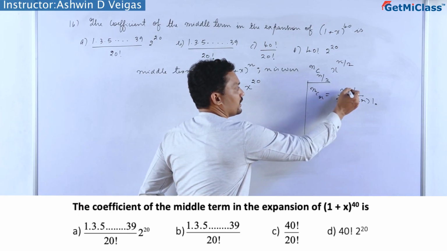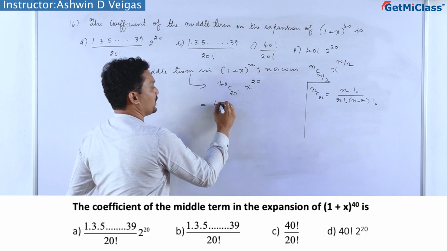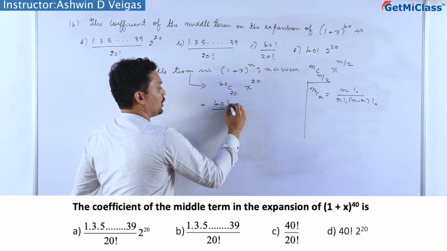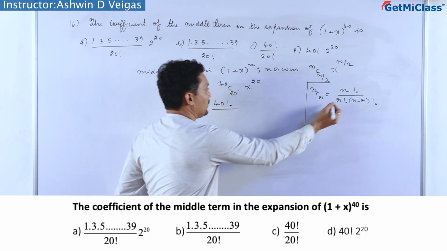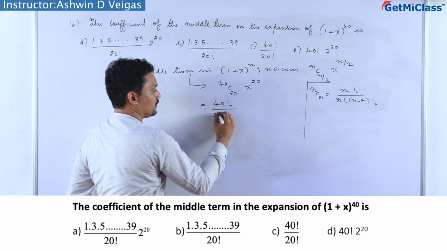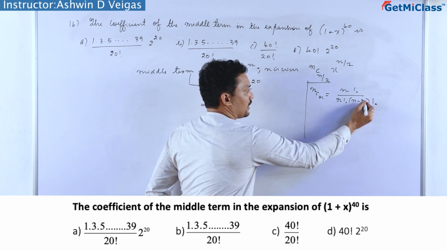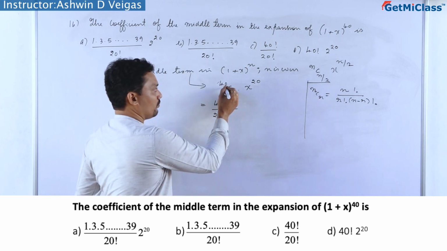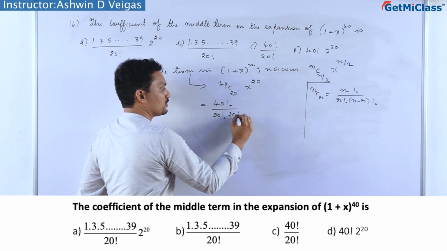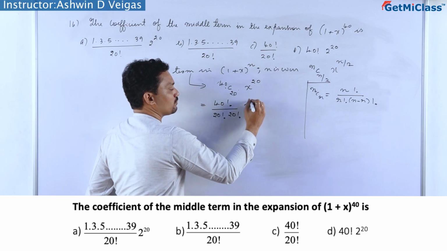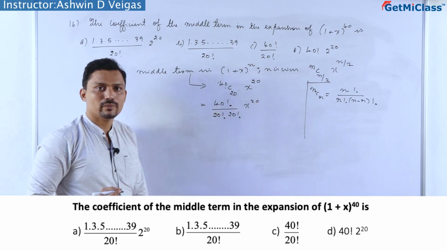First you have to write n factorial. So, this is 40 factorial divided by r factorial, that is 20 factorial, and (n minus r), that is the difference 40 minus 20, so this is also 20 factorial, into x^20. So, this will be the middle term.